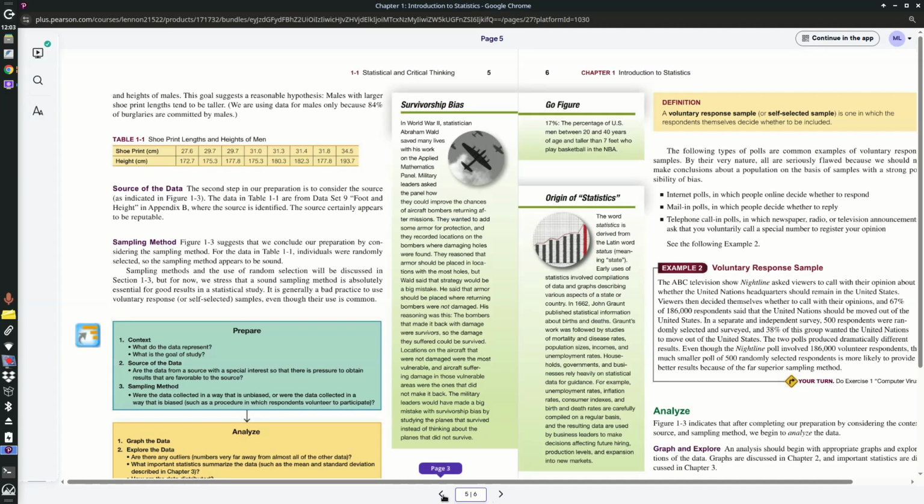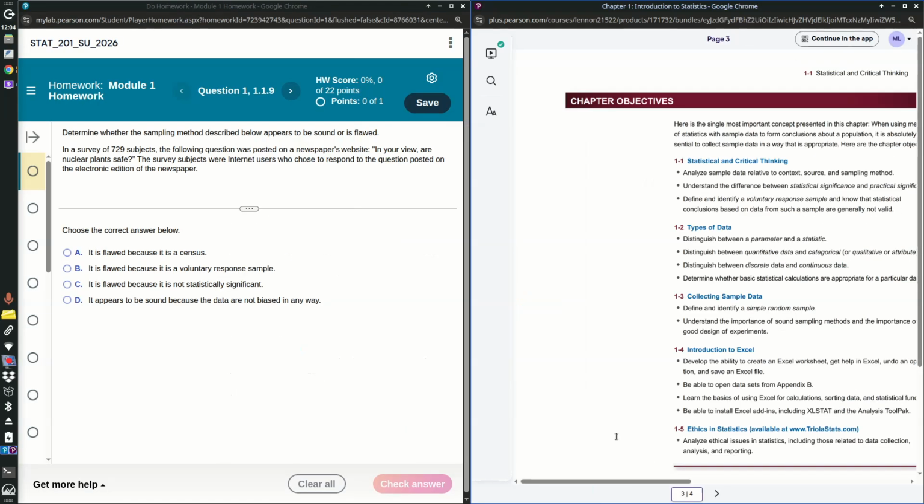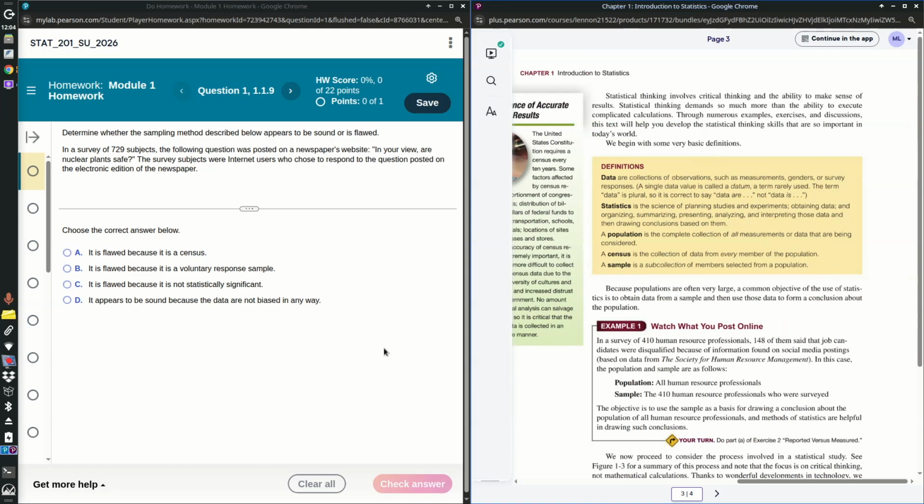For whatever reason, it doesn't start on the table of contents. It starts right in the middle of the text under chapter objectives for section 1. So nothing too earth-shattering there, but the definitions for 1.1 are what we need for this first question. So let's go ahead and leave it there.